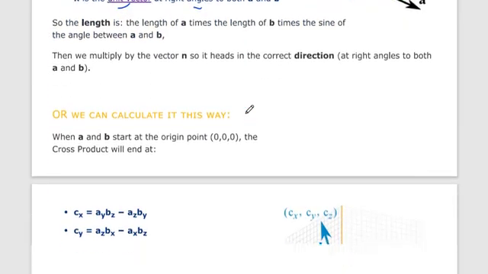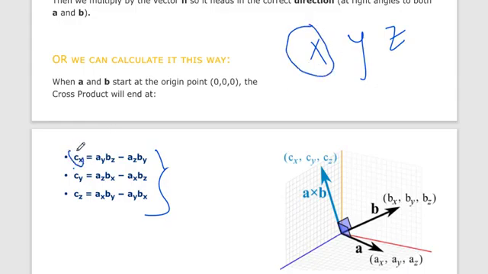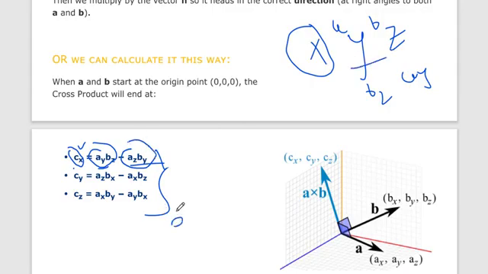For A cross B, we also have a different method to solve the cross product. It's a bit difficult, but it's easy. If you say this is a, you can write x, y and z. If you want to know Cx, the x coordinate of the cross product, how do we get it? First of all, start with ay bz minus az by. You can see that if we want to find the x coordinate, there is no x coordinate in the equation.